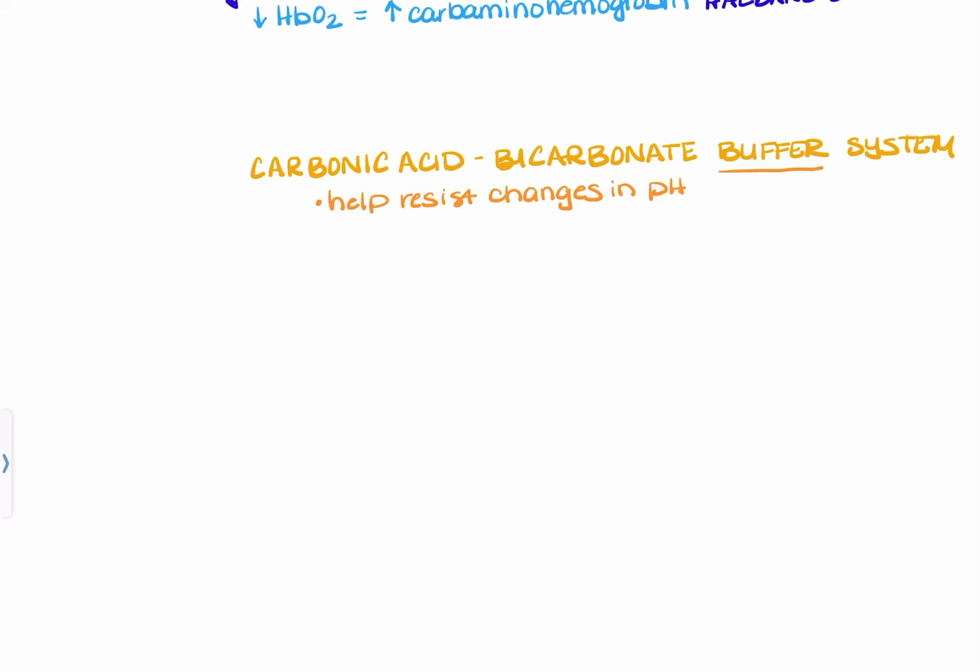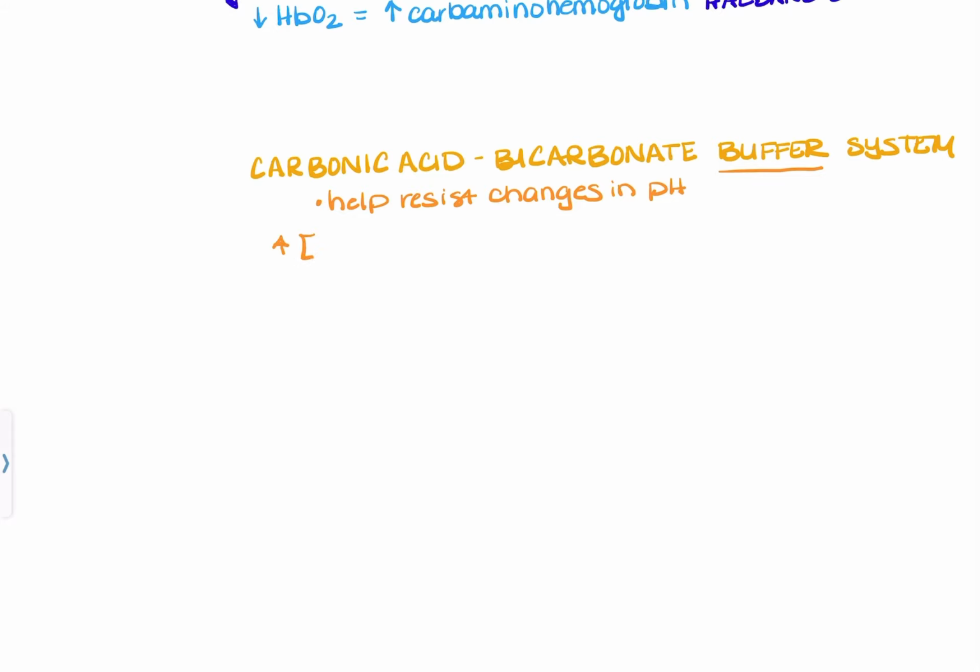Well, they can act as either a weak acid or a weak base. So our blood pH level should be around 7.4, somewhere between 7.35 to 7.45. Anything outside of that pH range can have detrimental effects on us. So we have to be able to buffer our blood pH in order to keep it in that very, very narrow pH range. So how does it work?